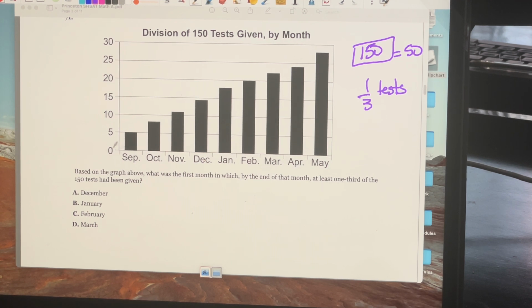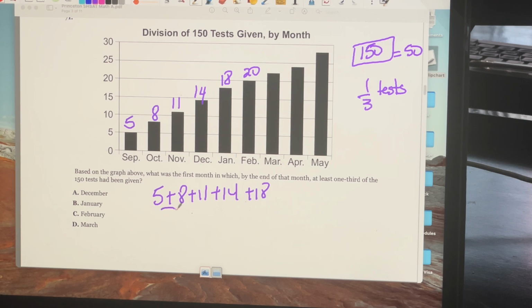Okay. So in September we have 5. Let me put some numbers here. In October, it looks like an 8. November looks like 11. December looks like a 14. January looks like 18. Okay, so let's add. We add 5 plus 8 plus 11 plus 14, and let's go up to 18.